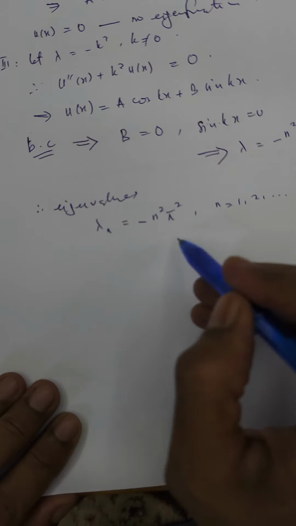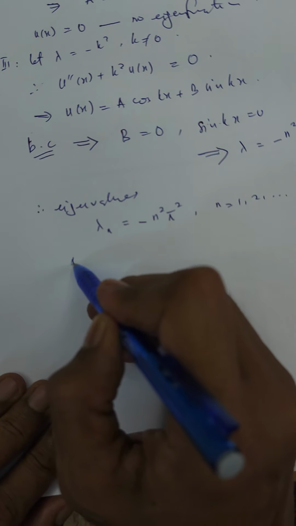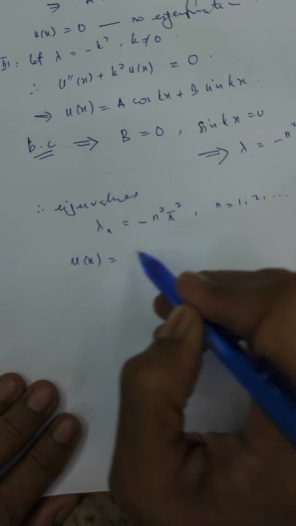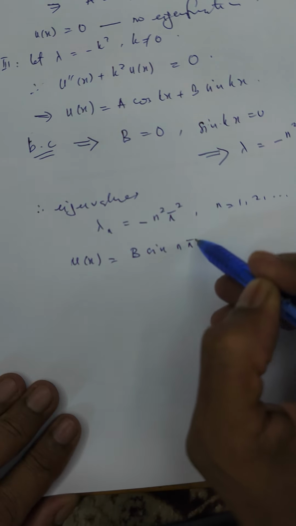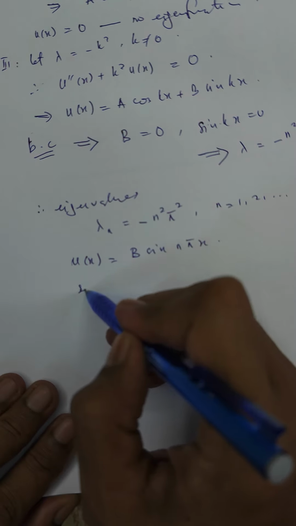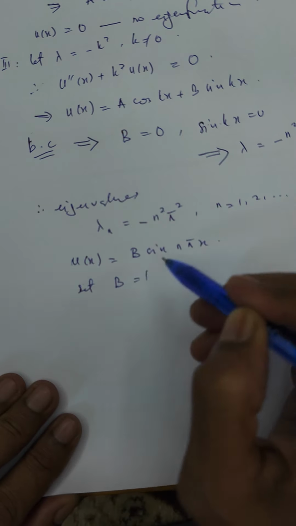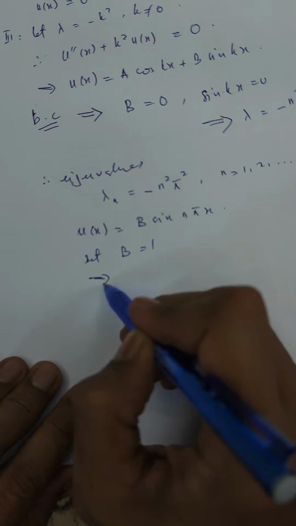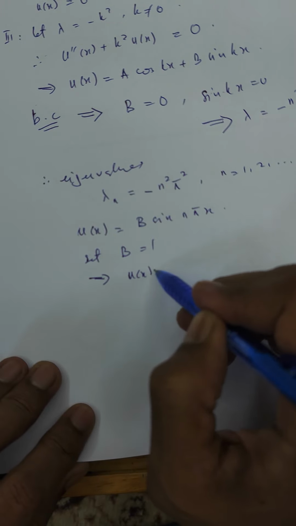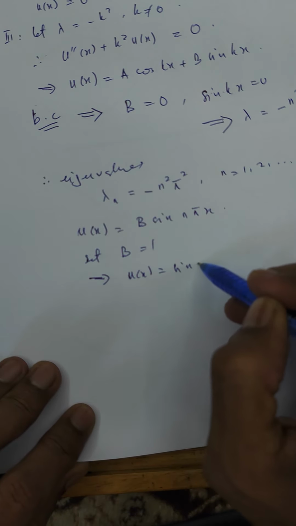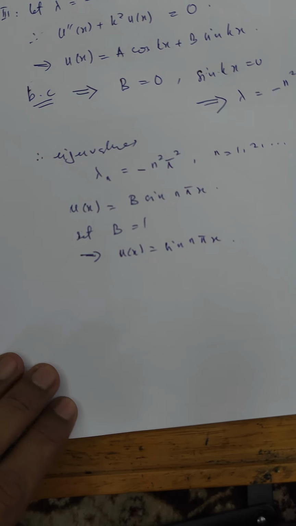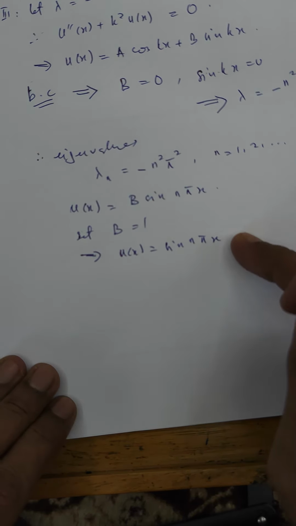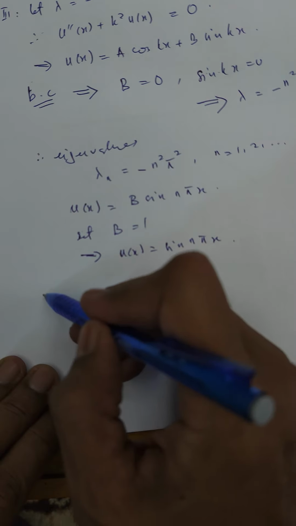And therefore we have our eigenfunction u(x) equal to b sin n pi x, and then you can set b equal to 1, that gives you u(x) is equal to sin n pi x. So that's the eigenfunction. Then we normalize the eigenfunction.